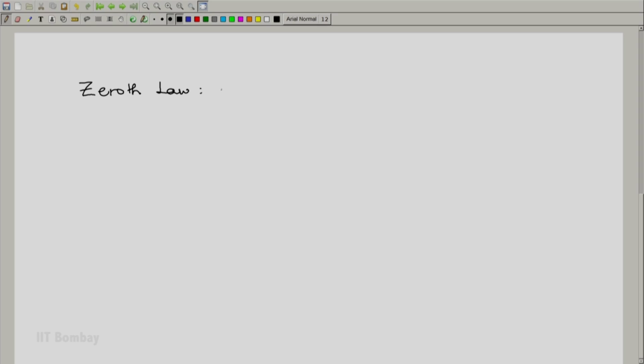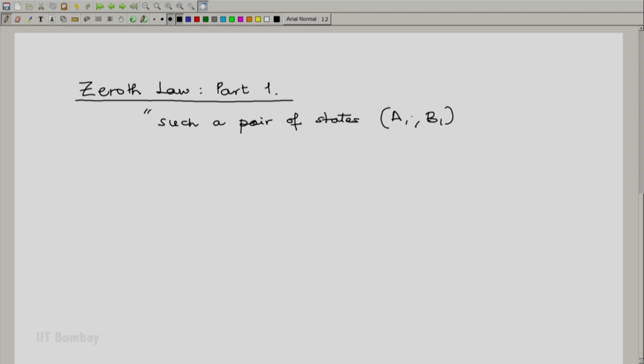Now we come to the first part of zeroth law. So statement of zeroth law, part 1. This statement says that such a pair of state A1, B1, state A1 of system A and state B1 of system B exists.